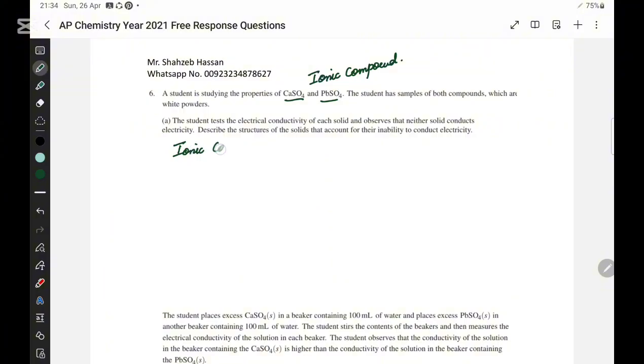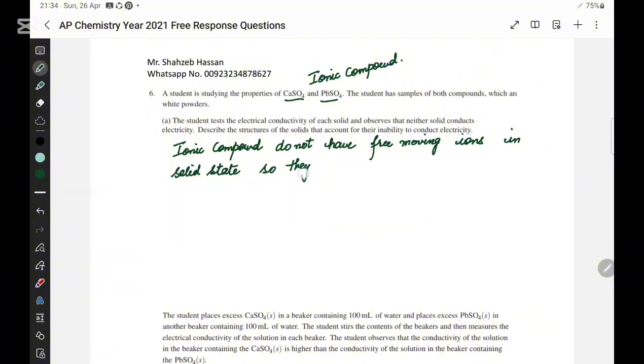So ionic compounds do not have free moving ions in solid state, so they can't conduct electricity.